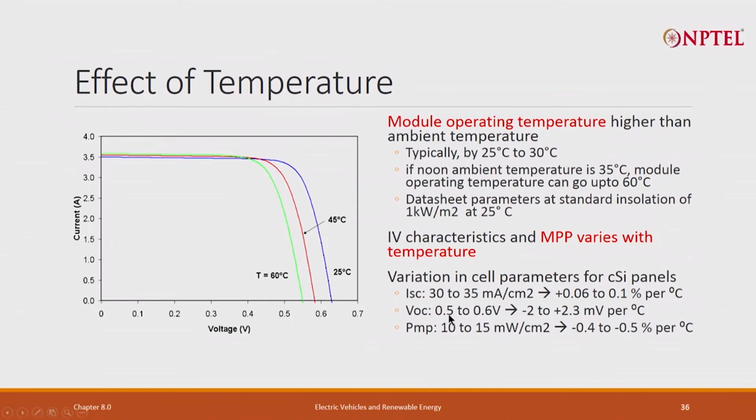The same thing happens to voltage. The voltage will change from minus 2 to plus 2.3 volt. Now, here I think this is not minus, I think I am making a mistake. We will correct this in the slides. I think 2 to 2.3 millivolt per degree centigrade, VOC will change, and the power as a result will change by minus 0.4 to minus 0.5% per degree centigrade.